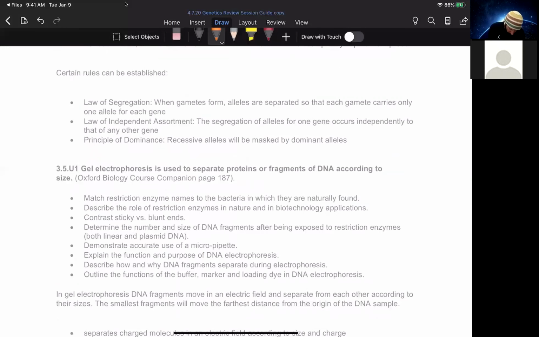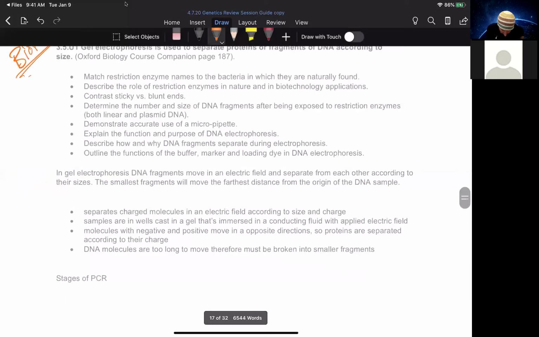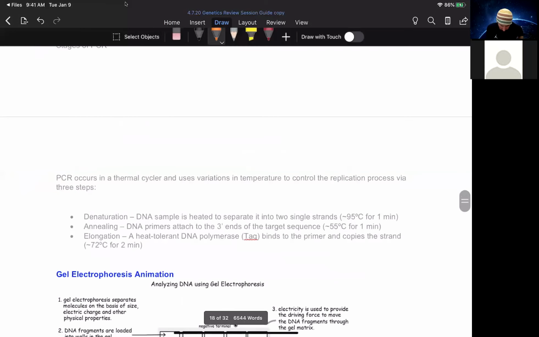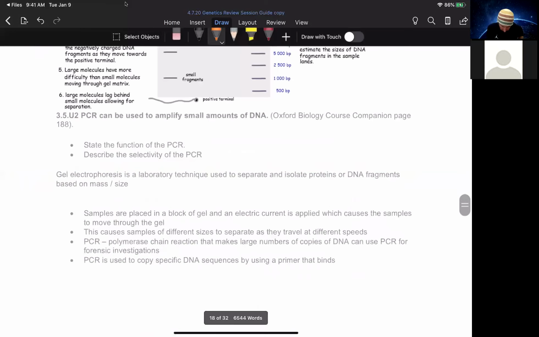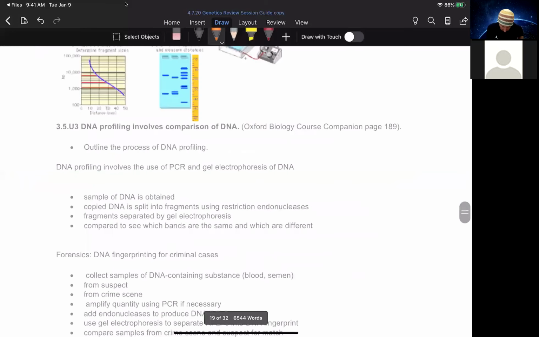So I put all the biotechnology stuff into this study guide, and I would go over this. The gel electrophoresis, you guys were pretty good on that actually. And PCR, you're pretty good on as well. But then if you keep going, there's the DNA fingerprinting.